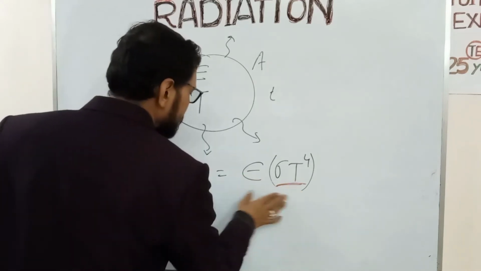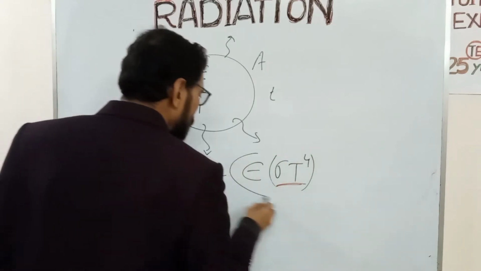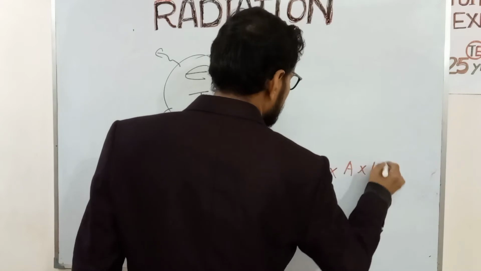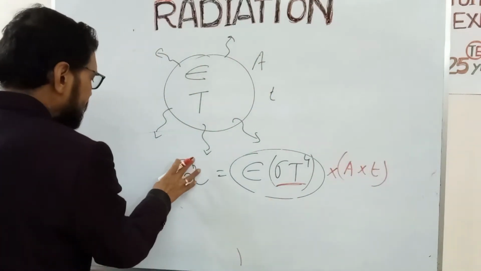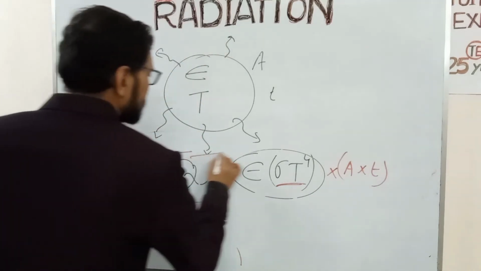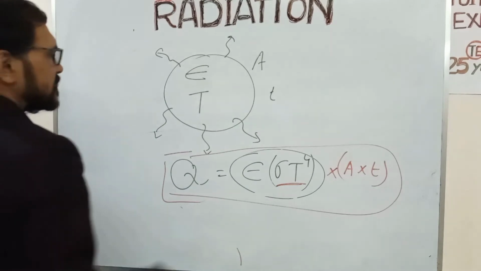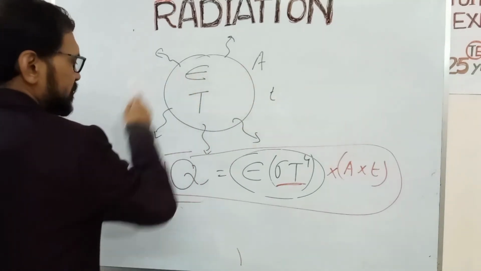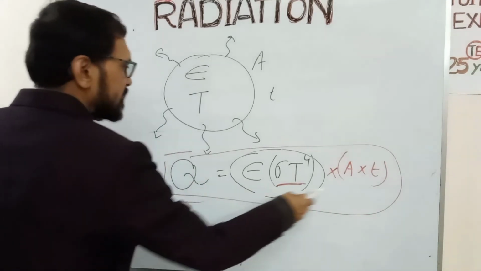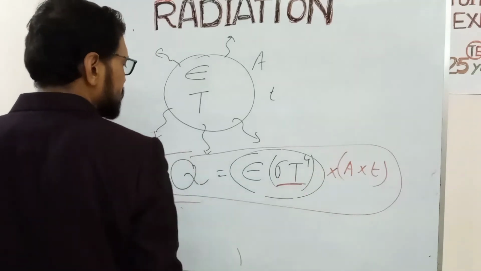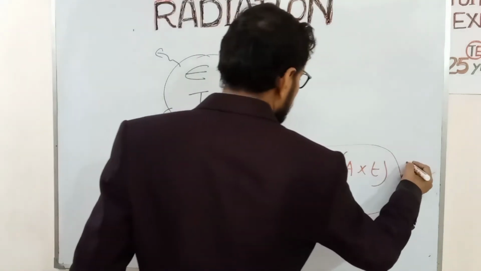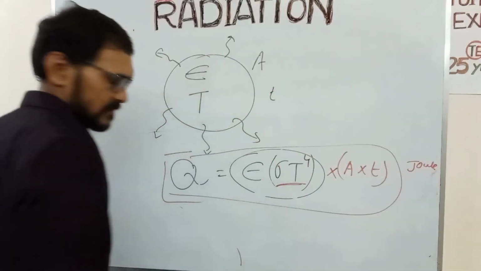Multiplying by area into t, we get the total heat energy radiated from the whole surface in t seconds. So this is the formula if temperature, area, time and emissivity are given. The unit is joule or calorie, etc.